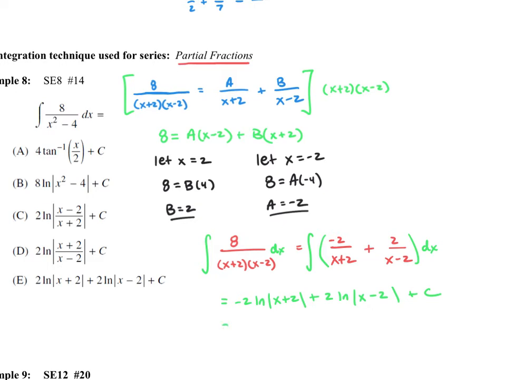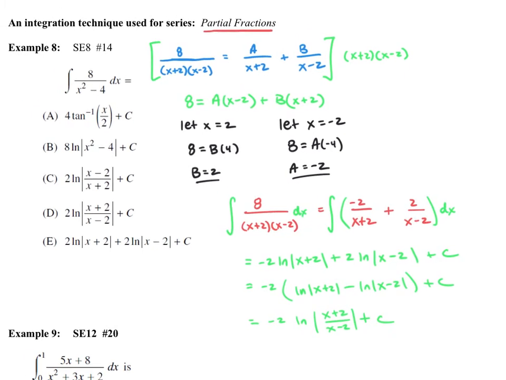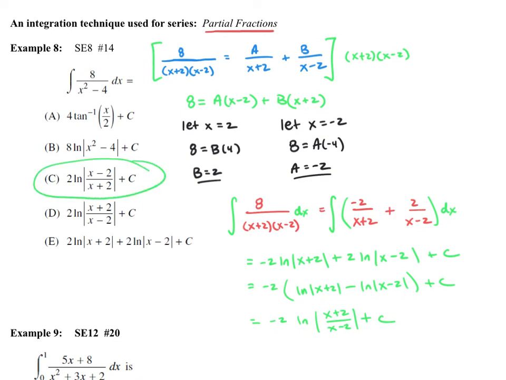What I'm going to do is factor out, because none of our answers match this, a -2. I get natural log of the absolute value of x plus 2 minus the natural log of the absolute value of x minus 2. If you remember with properties of logarithms, in this type of situation, we have the natural log of x plus 2 divided by x minus 2, and then plus c. And if we go to our answers, we have option C.